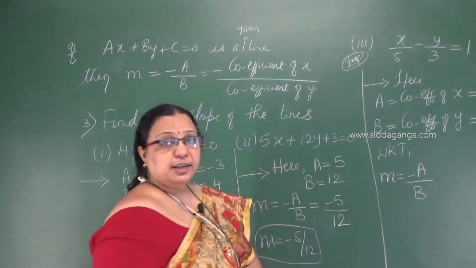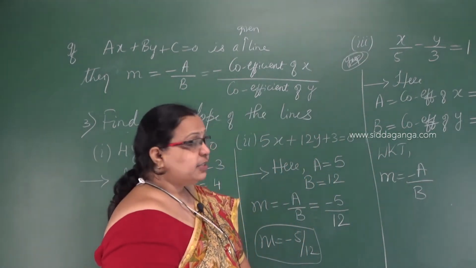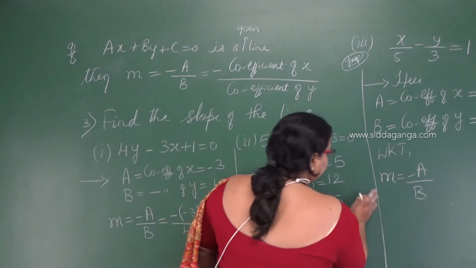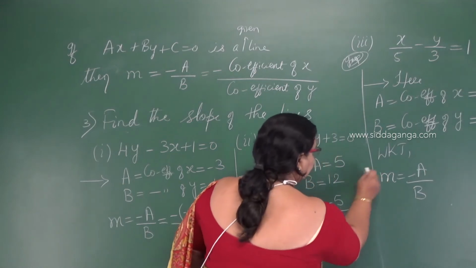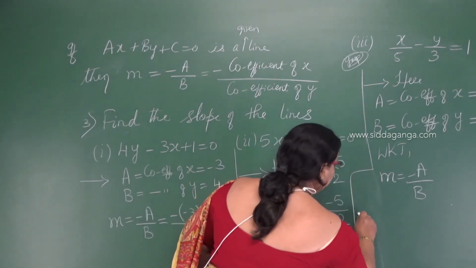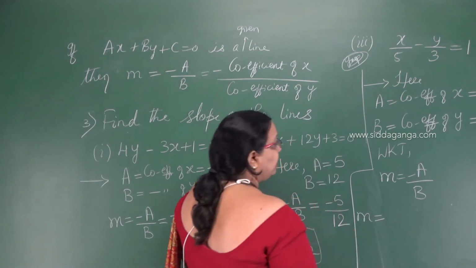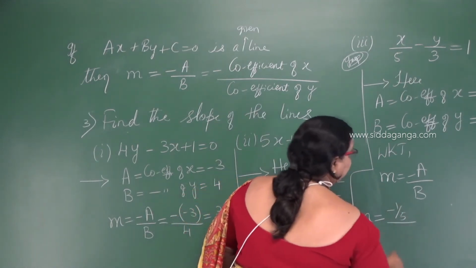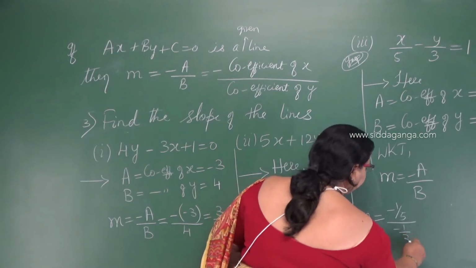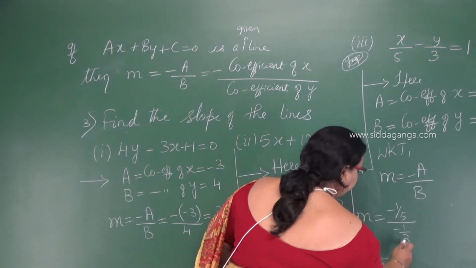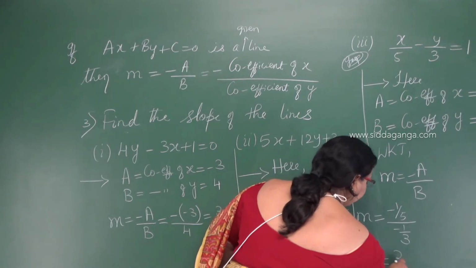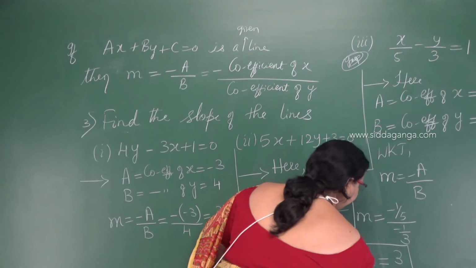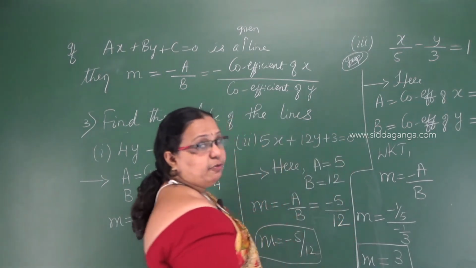So now m equal to minus of 1/5 divided by minus 1/3, and that gives 3 divided by 5. The slope of the line is nothing but 3/5.